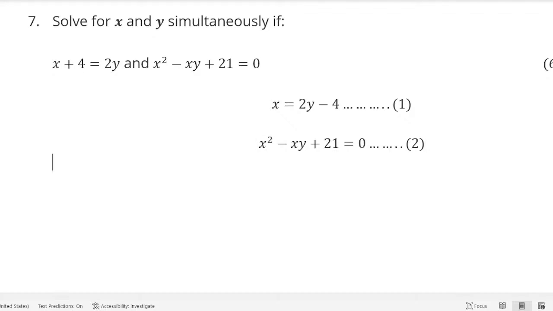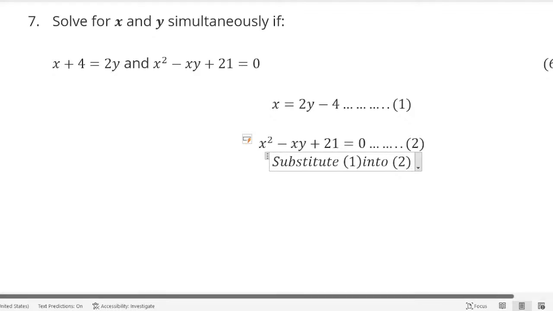So now the rule says substitute equation 1 into equation 2. Remember, this is equation 1. We're substituting equation 1 into equation 2.